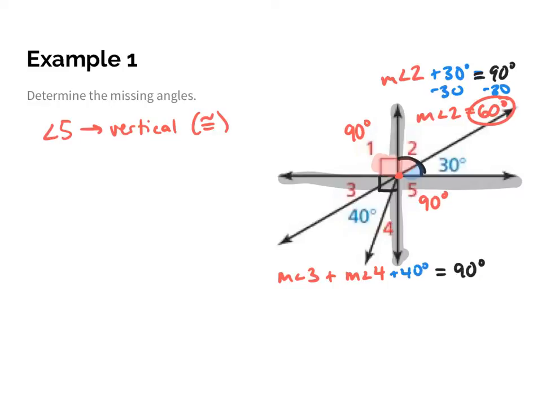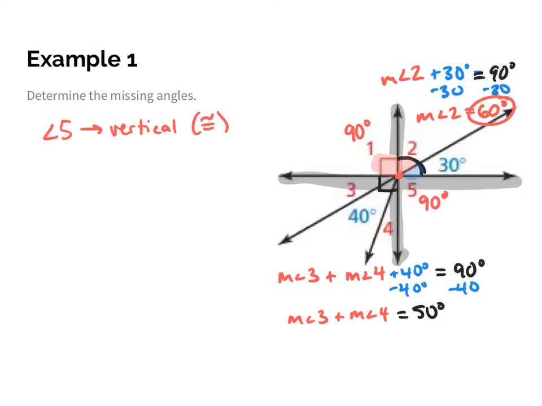So that means I'm missing two angles here. Now the tricky part is how do I figure out what those two angles are going to add up to? Well, if I take away 40 degrees, I know that what I have left, my two angles, the measure of angle 3 plus the measure of angle 4, should add up to 50 degrees, because 90 minus 40 would be 50.